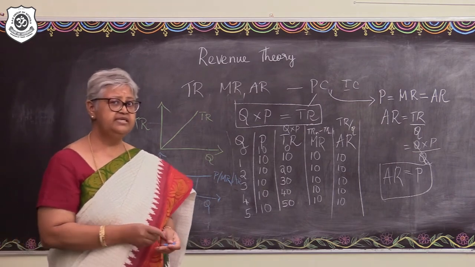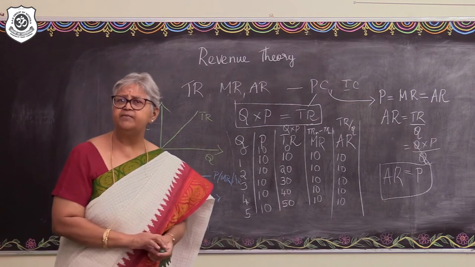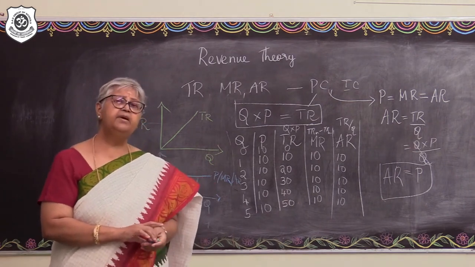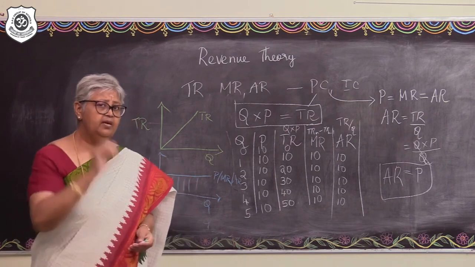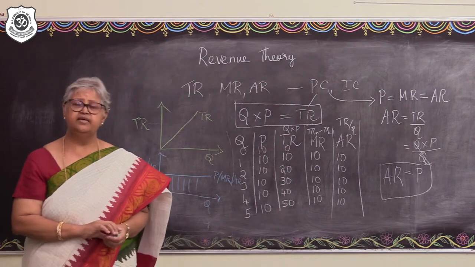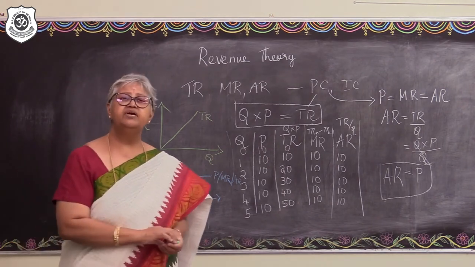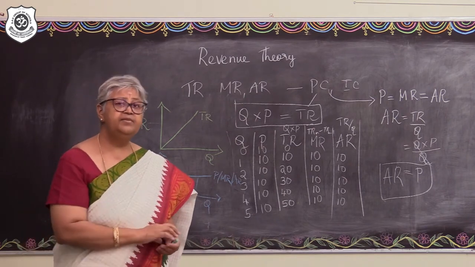Yes? Then, moving on to imperfect market. In an imperfect market, what is the behavior? Again, let me just tell you one thing about the price. In detail about the imperfect market, you will learn a lot more in the upcoming chapters.